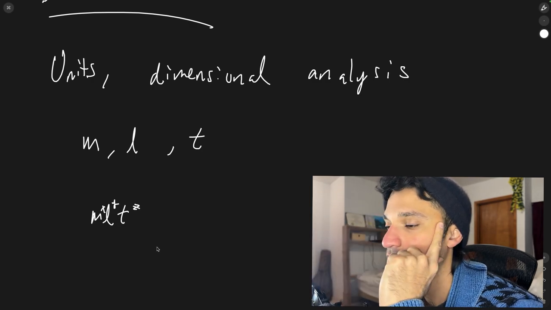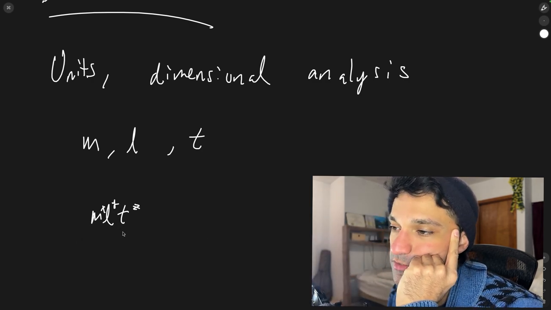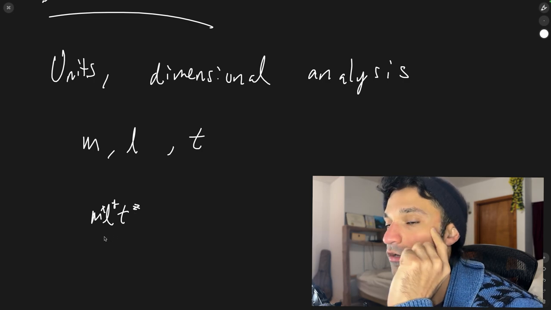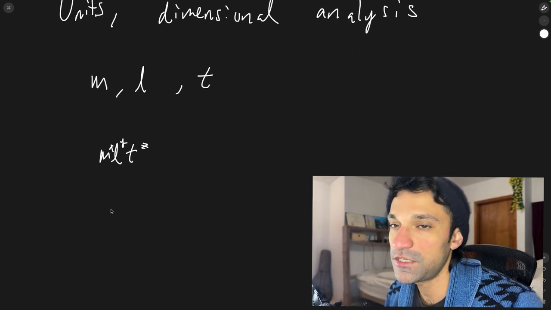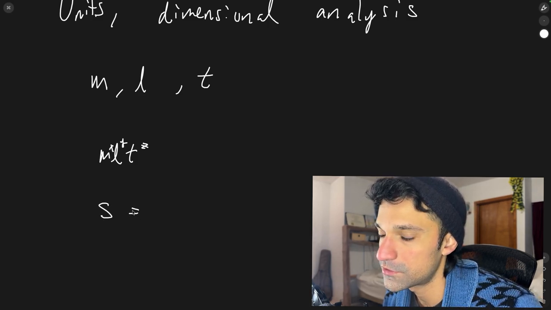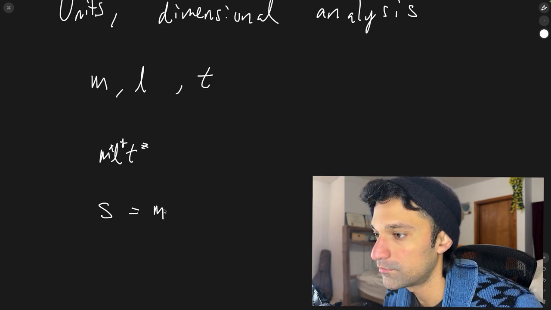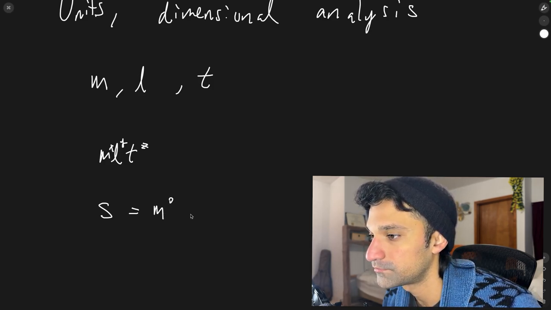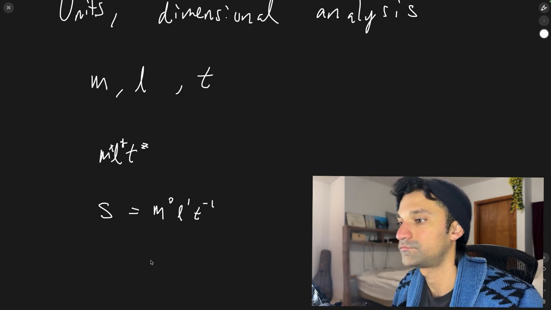Everything can be written in terms of m to the x times l to the y times time to the z, right? Every unit. Take speed, for example. Speed is meters per second, or distance over time, right? That's going to be m to the 0, l to the 1, and time to the minus 1.